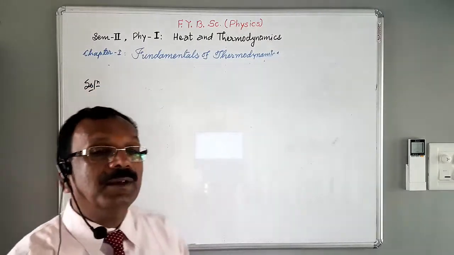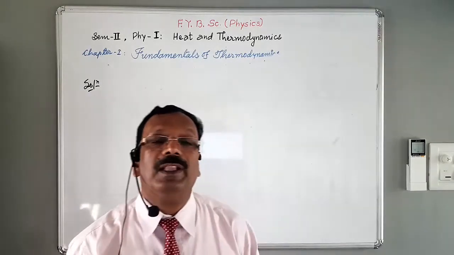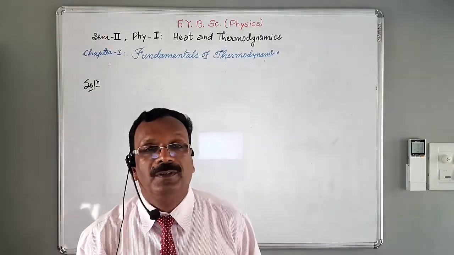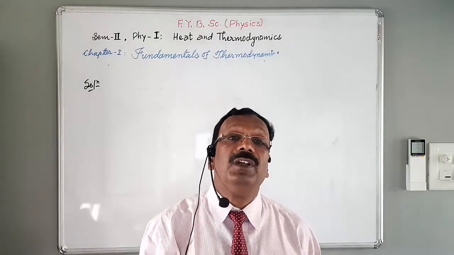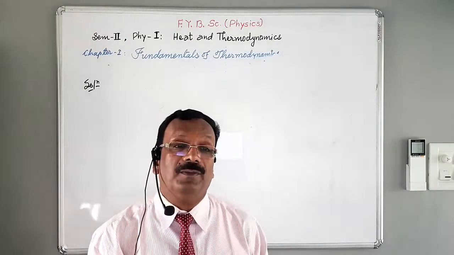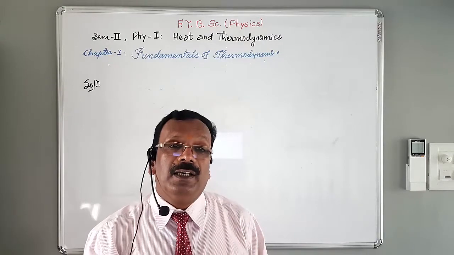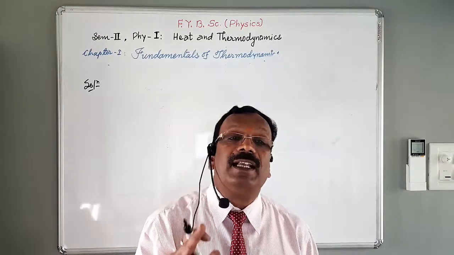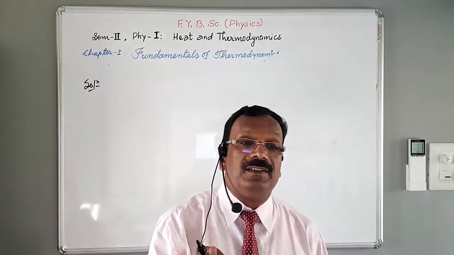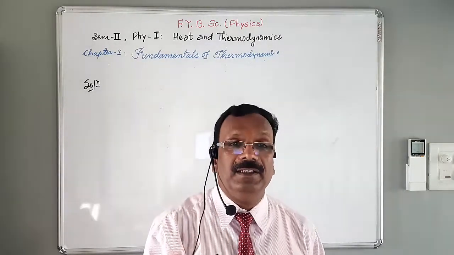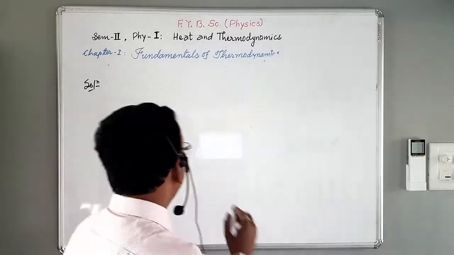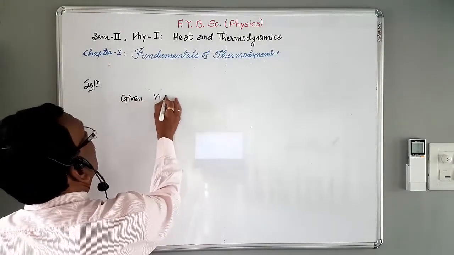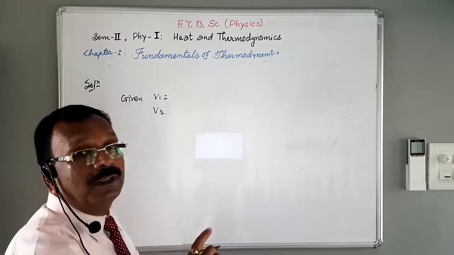I am again going to read the problem. Here in this problem we have to calculate the work done. The given data is: 1 liter of monoatomic perfect gas at NTP is compressed adiabatically to half its original value. V1 and V2 are not given directly.